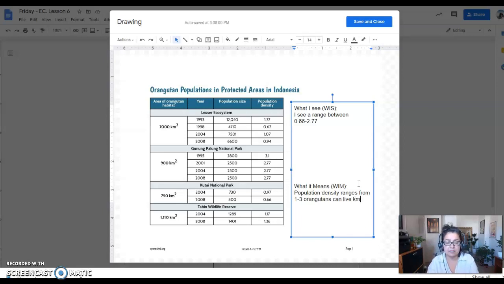So kilometers, and I can't add the superscript here, so I'm going to spell it out and say live square kilometer.